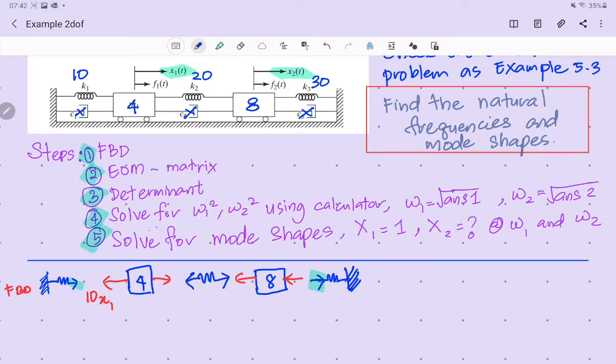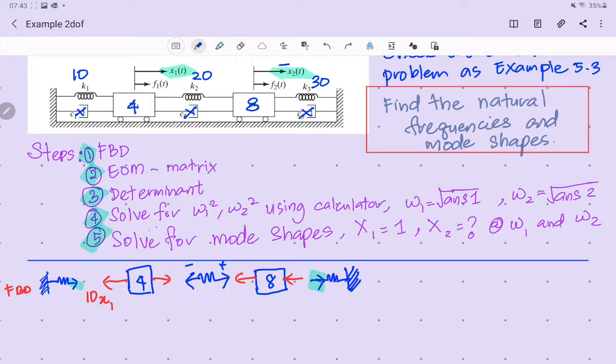So basically it's negative. So here is negative. And this side is the same. To the right is positive, because x2 is also to the right. So you may want to write the force here. It should be x2 minus x1.